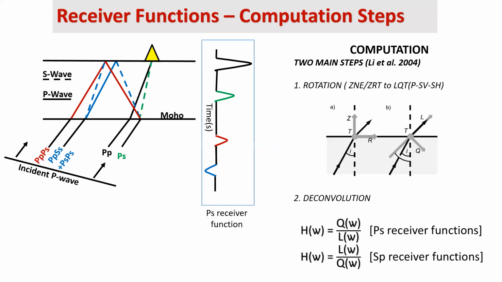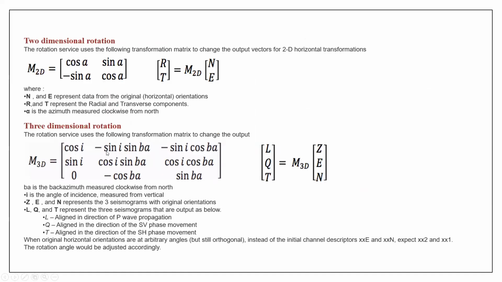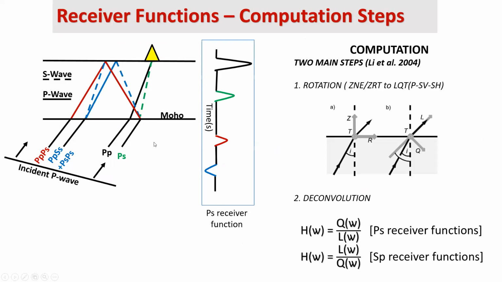This is the one we got after doing the rotation and deconvolution. These are the P2S converted phases that we are getting. This is the direct P phase, and the P2S conversion is this phase. Other multiples like PPPS, PPSS, PSPS are represented by this one.